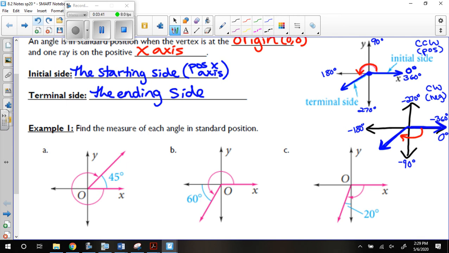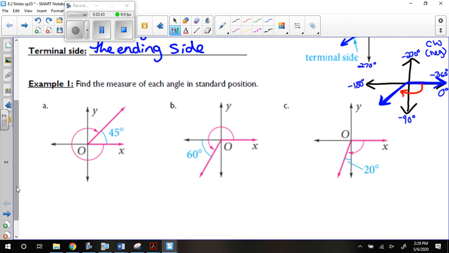Okay, so now that we've kind of gone over that, it says find the measure of each angle in standard position. So if you look at part A, we are looking at this pink angle. And our pink angle starts here at 0 degrees, and it's going clockwise, which means we are going to have a negative angle measure.